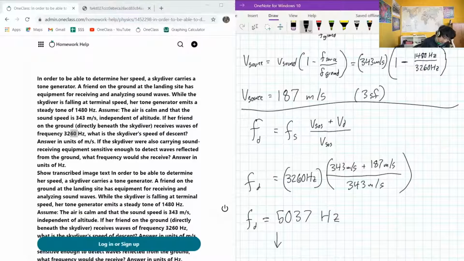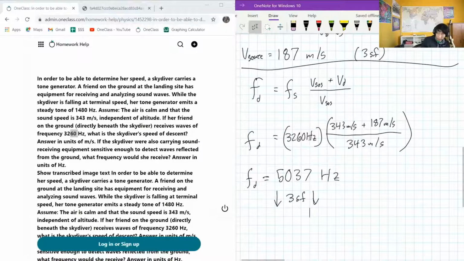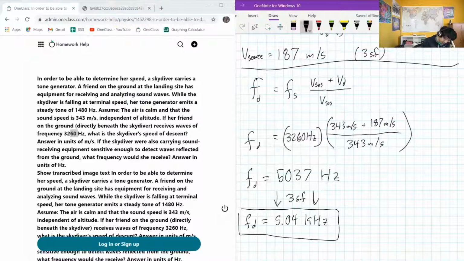And we want to convert to 3 significant figures because that's all that we were given in the question. So 5.04 kilohertz. That's FD, the frequency as observed from the diver for the reflected wave.